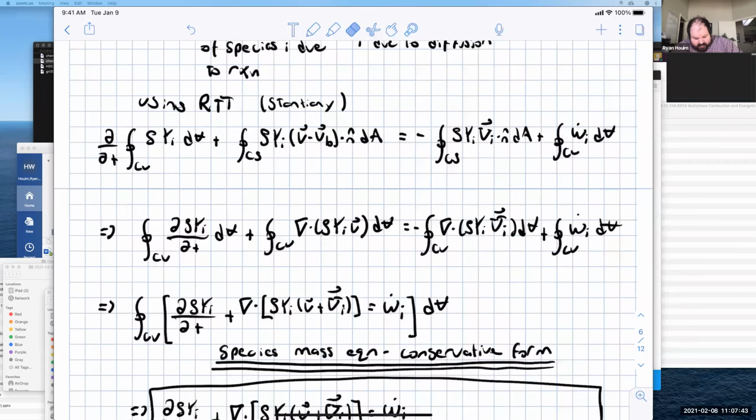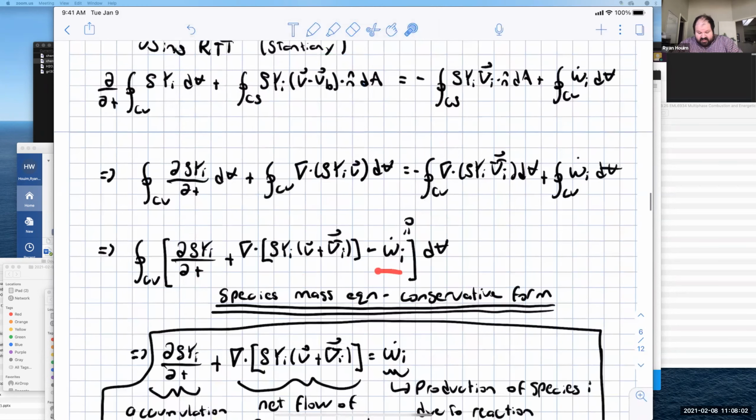If you feel more comfortable with this, I could subtract this and make this equal to 0, same difference. So I could play the same game to make this always true: the statement in the integrand must always be true, and so that means this equation here, the integrand, is equal to 0, just like we did for conservation of mass.